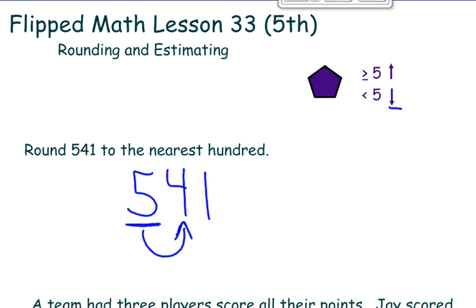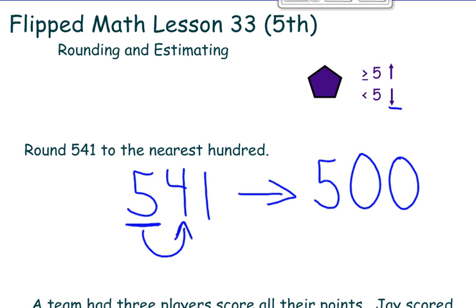So if we were to round this to the nearest hundred, we're going to round to 500. As we looked at the 4, we rounded down, which is going to take us to the 0. And since we're going to the hundreds place, we want both of these to be zeros. This 0 and this 0. All right. And our 5 is going to stay the same.